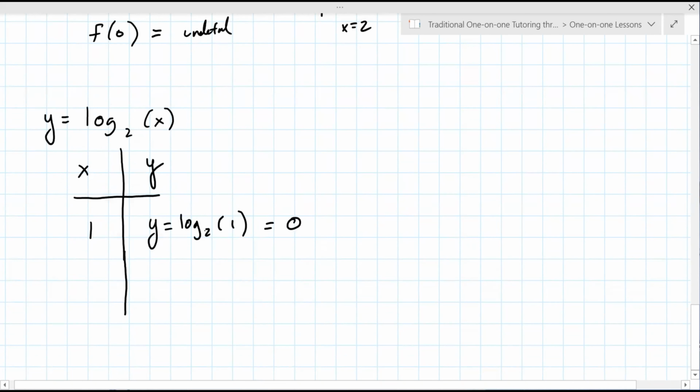No matter what the base is, when you have a 1 here, it's always 0. When you put 2 in, this becomes y equals log base 2 of 2. And do you know what this evaluates to? That's kind of our starting point here for how much to explain.